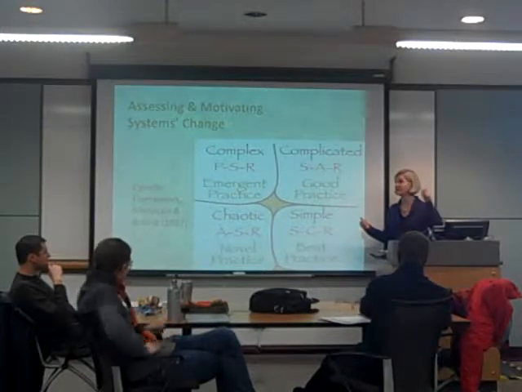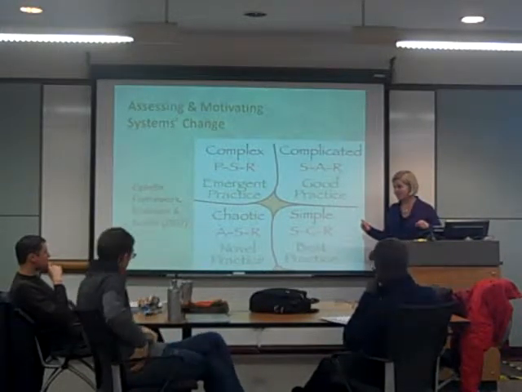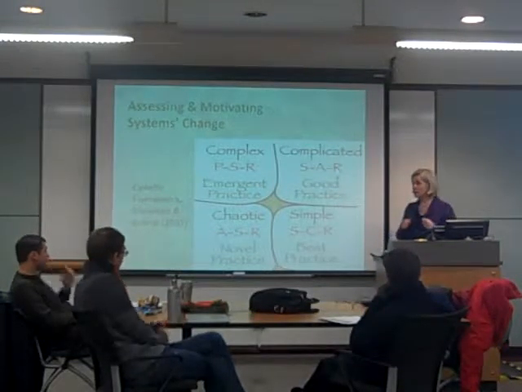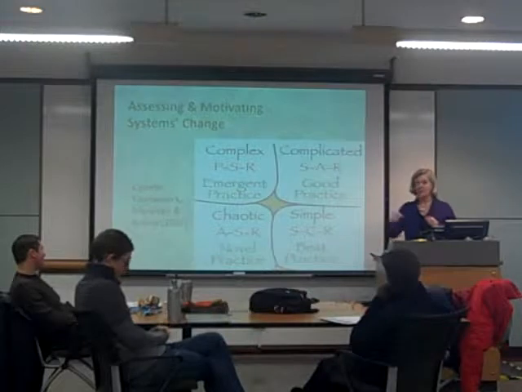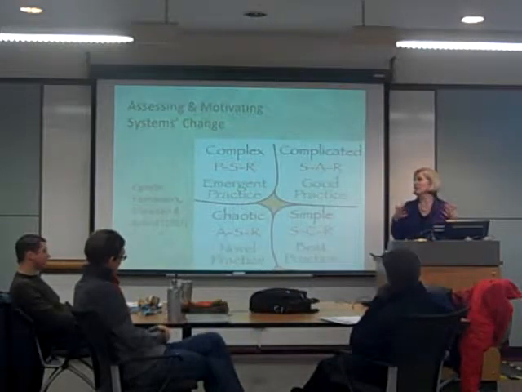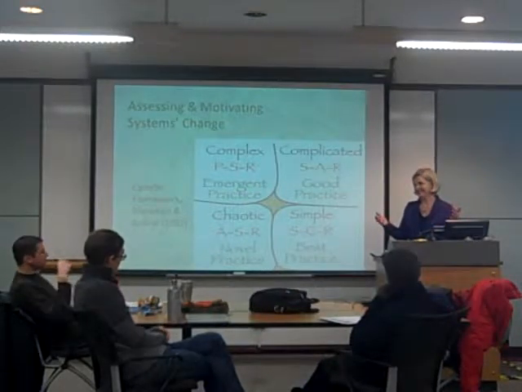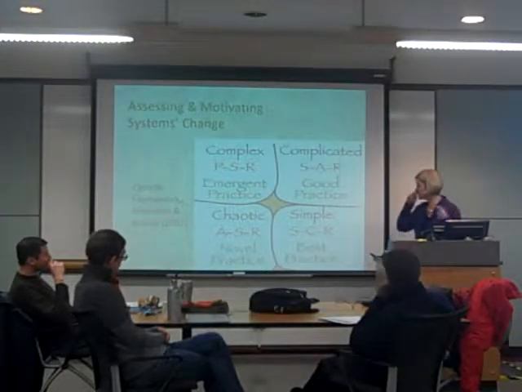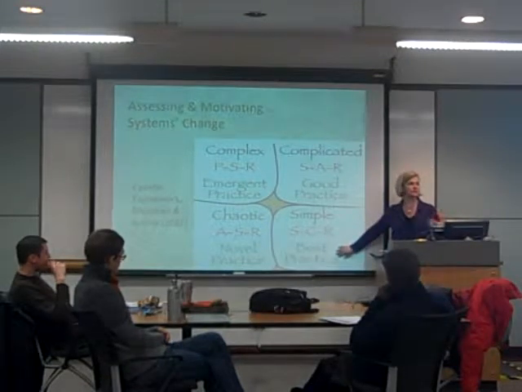You turn on the light, you turn off the light. In simple systems, you do something, you get something else. There's one good answer about how to wire this building. It's not up for debate. Electricians have found out how to do that. There is a best practice in electrical wiring.